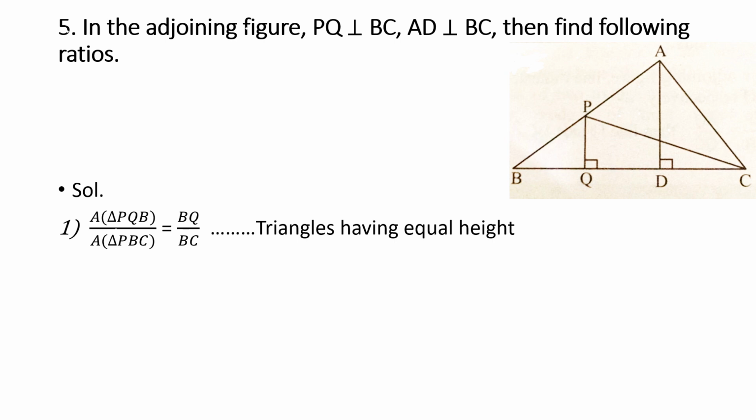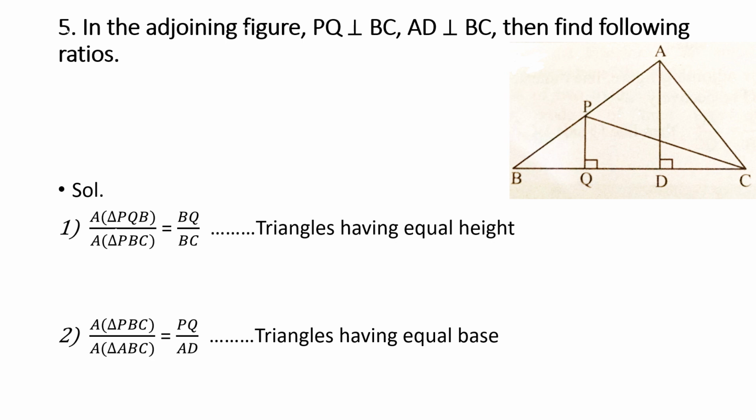Here if you are observing in the diagram, triangle PQB and triangle PBC, both the triangles having equal height, which is PQ. So the ratio of the areas is equal to their corresponding bases, because heights of both the triangles are equal. Therefore, BQ is the base of triangle PQB and BC is the base of triangle PBC. Therefore, answer is BQ upon BC. All the time you have to write down the answer: triangles having equal height for this.